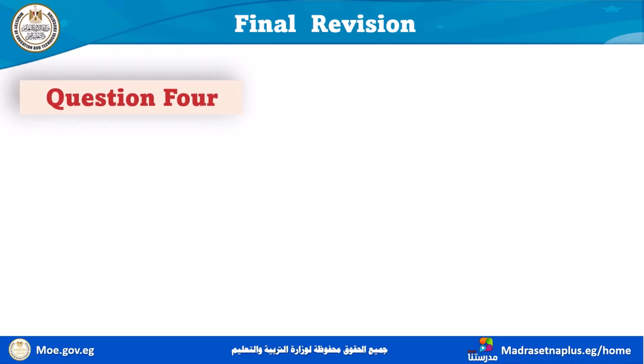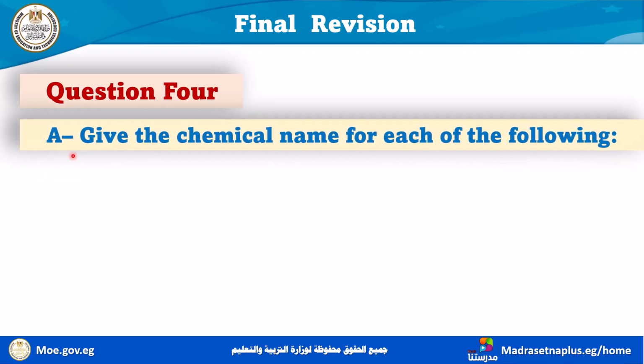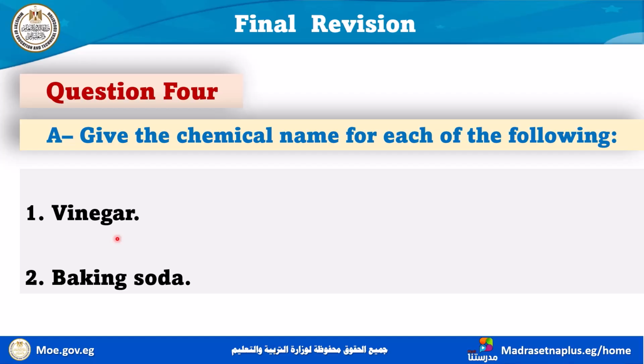Let's move to the fourth question, question 4. And the first part of it, give the chemical name for each of the following. We have two commercial names of chemical compounds, and we will write the chemical name of each one of them.